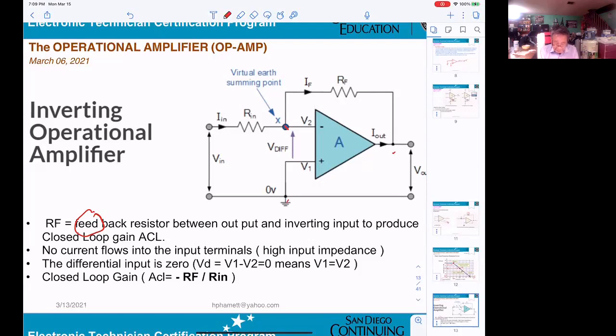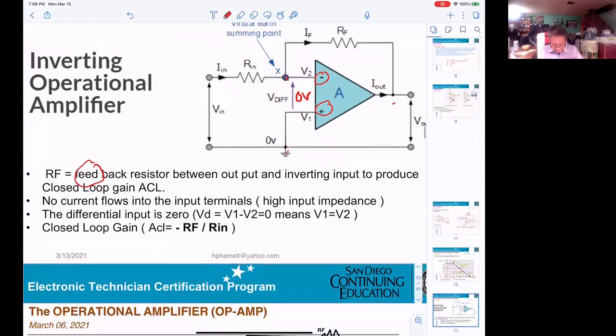That means the current cannot flow inside here. The differential input is 0. VD will be equal to V1 minus V2, and that will be 0 volts. And the closed loop gain, if you calculate it, will be equal to minus RF divided by R in.